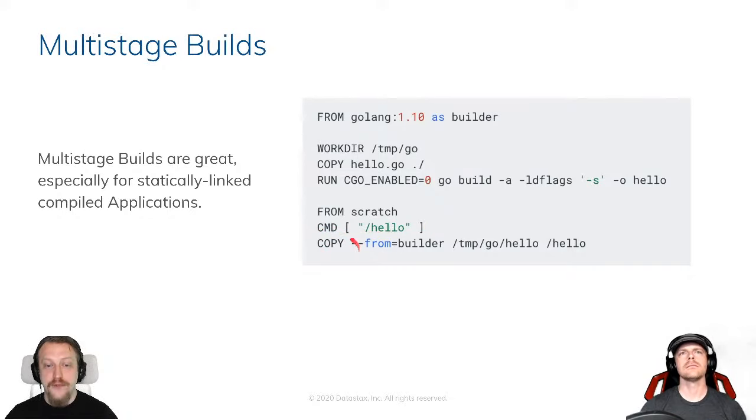And finally we use the copy directive, specifying from builder, and this builder is the previous base image we used, and we copy the file from /tmp/go/hello to /hello. And our image will be based on Scratch and has basically only one layer due to this copy.